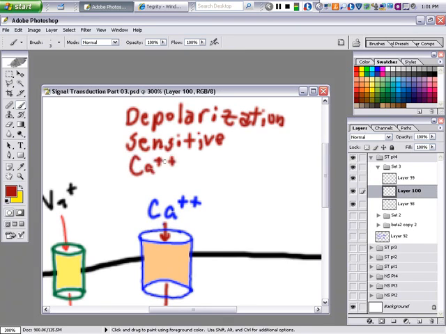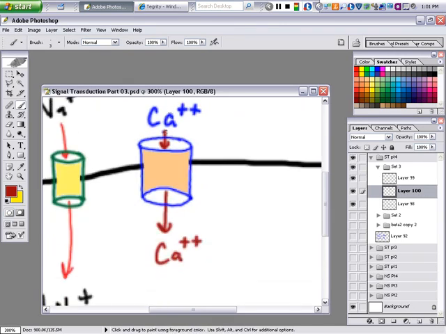Sodium, exactly. What structure caused the cell to become depolarized? How did the sodium channel know to open up? Who told it to open up? The AV node, exactly. And so here we have a depolarization sensitive calcium channel. Once the cell becomes depolarized, the calcium rushes into the cell.